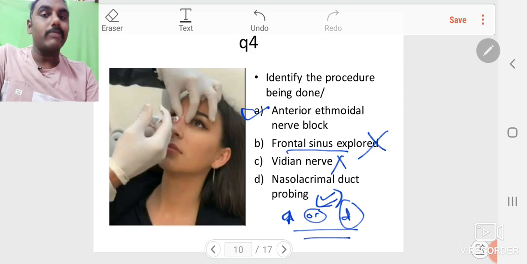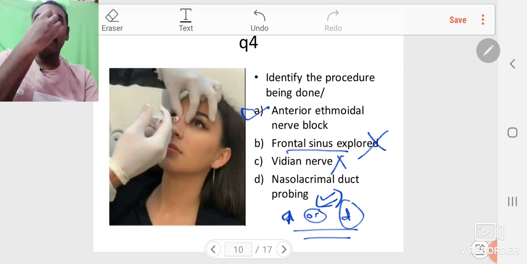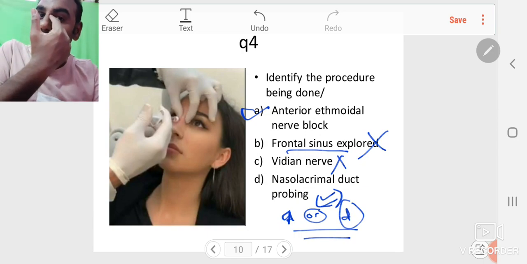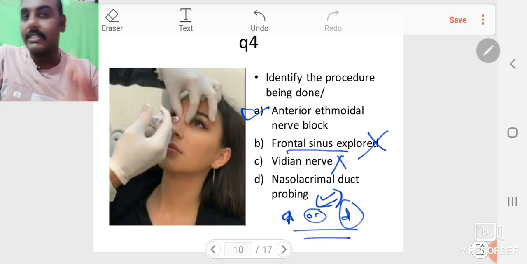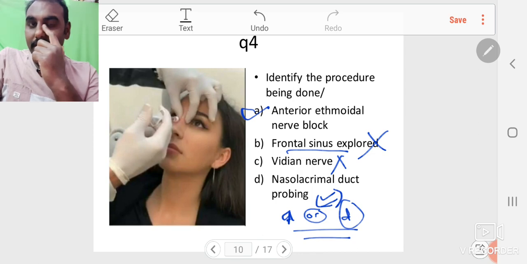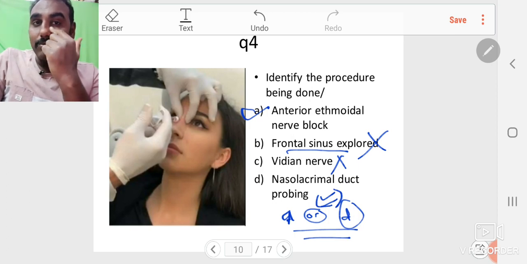Yes, it can be an anterior ethmoidal nerve block, but where is the anatomy of the anterior ethmoidal nerve where the anesthetist will give a block? It is exactly not near the medial canthus, but just below the medial canthus, in this area. When we go through the anatomy, it is not in the medial canthus area, just beneath the medial canthus area lies the anterior ethmoidal foramen.